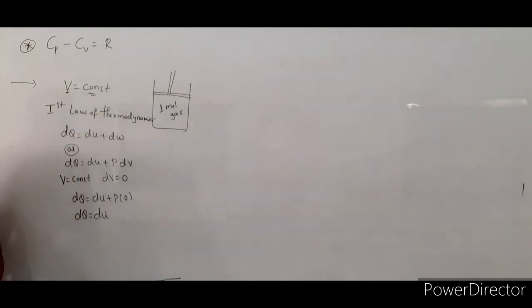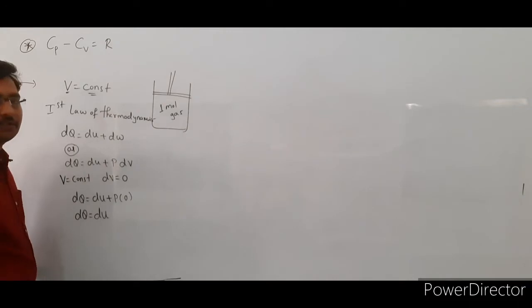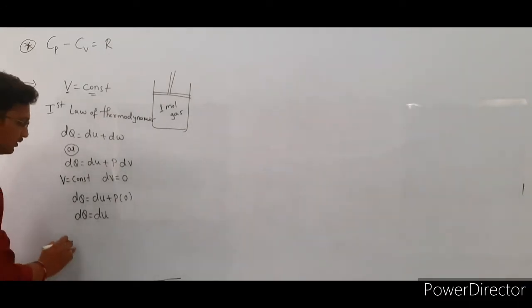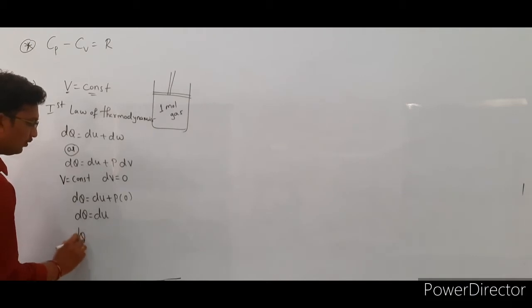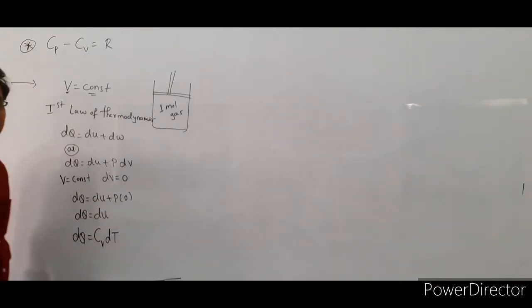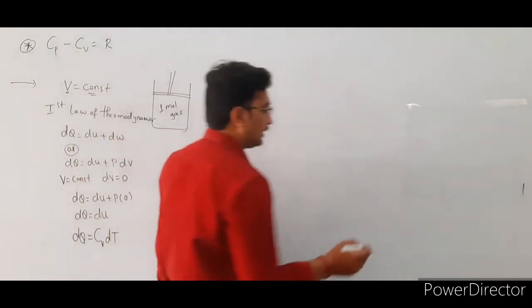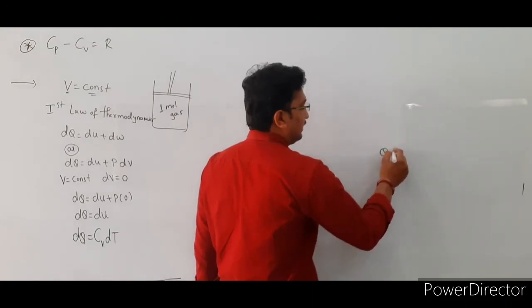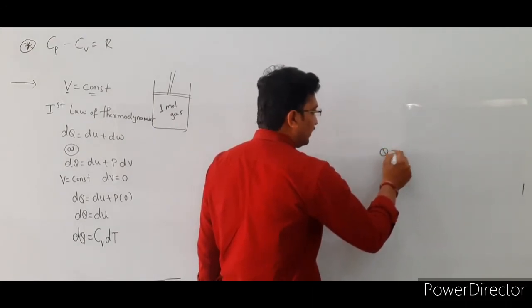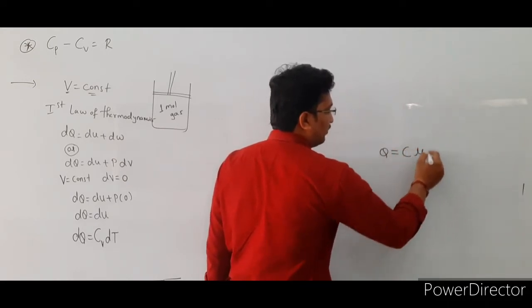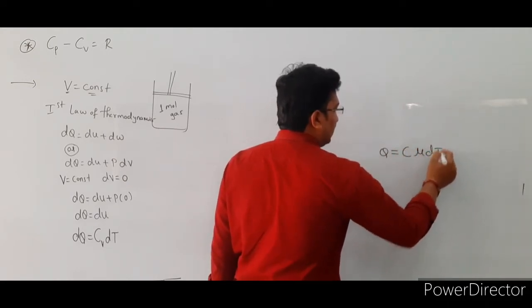In this case, we supply some amount of energy to that system. Then how much energy do we supply? Here the volume is constant, so dq is equal to Cv dt. Already we know the molar specific heat capacity: Q, the quantity of heat energy supplied to the system, is equal to the molar specific heat capacity, into the number of moles, into the change in temperature.